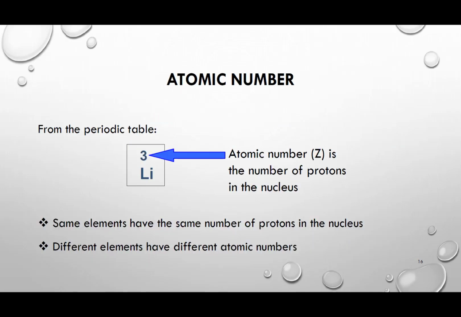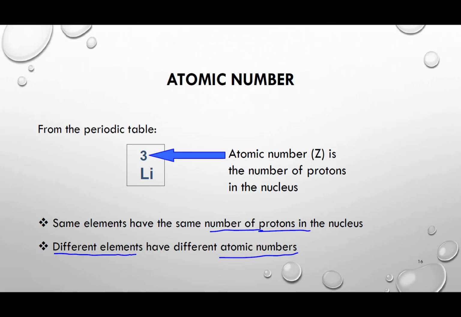Now let's talk about atomic numbers. Atomic numbers are the number of protons. An atomic number is the number of protons. That's what atomic number means. Different elements have different atomic numbers. You cannot have two elements with the same atomic number.